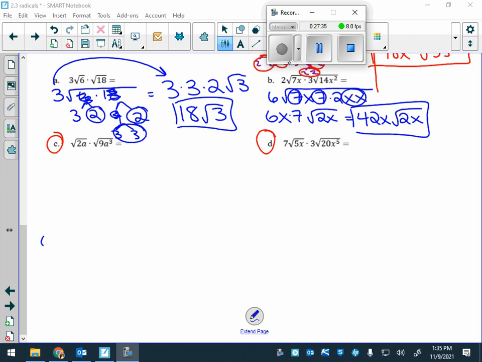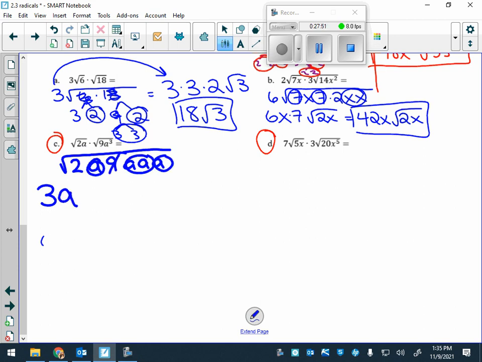So, if we had 2a9 and then a cubed, the square root of 9 is 3. Then we have one pair, another pair, and whatever's left over stays inside. So you have 3a squared root 2.